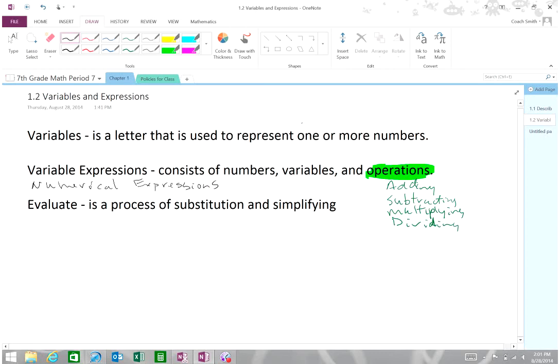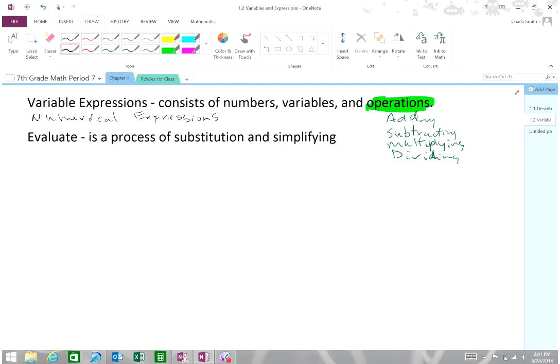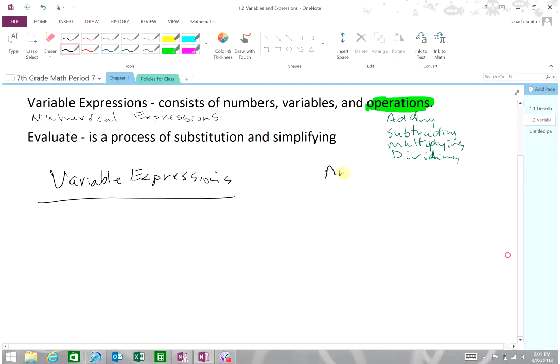We need to know the difference between numerical expressions, which is what you have had since you were in kindergarten or first grade, and variable expressions. Let me show you some examples of each. This first column, we'll put variable expressions. In the second column, we're going to put numerical expressions.